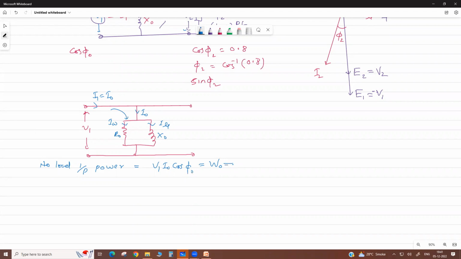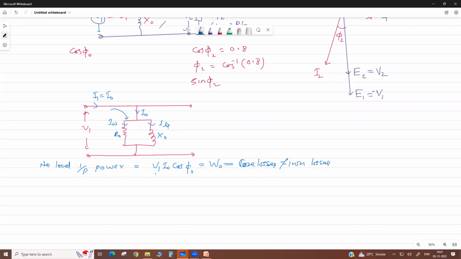That is no load power input, which is equivalent to total iron losses, core losses, because at no load we get zero output. Then where does this power go? It goes as losses. So in open circuit test, what losses do we measure? Core losses, iron losses. Correct. Basically, here we neglect the copper losses.